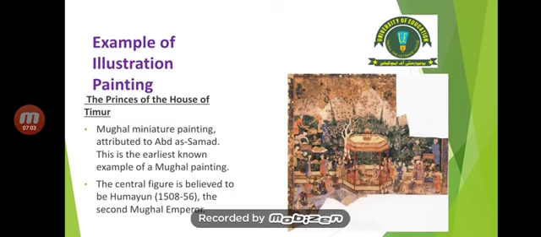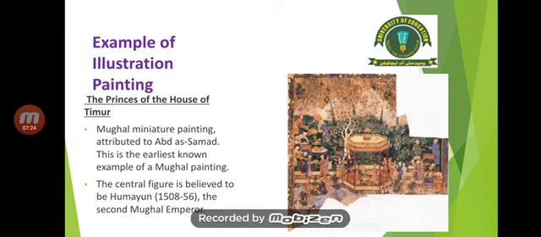Here is another example of illustration painting, which is titled The Princess of the House of Temur. It is a Mughal miniature painting painted by Abdul Samad, and this is the earliest known example of Mughal painting.